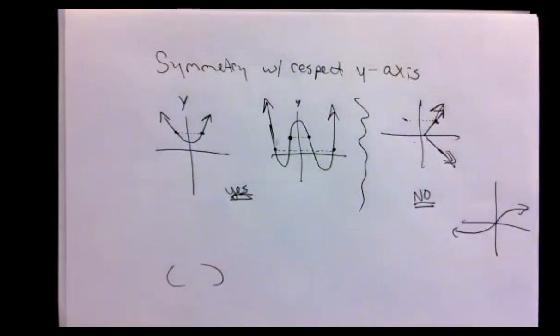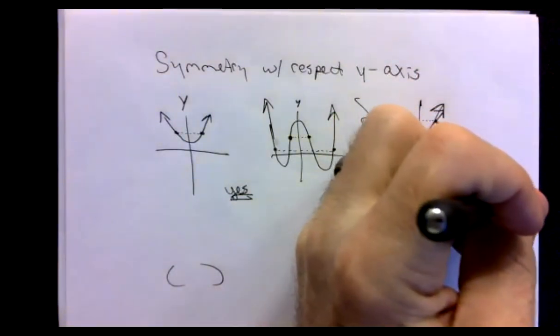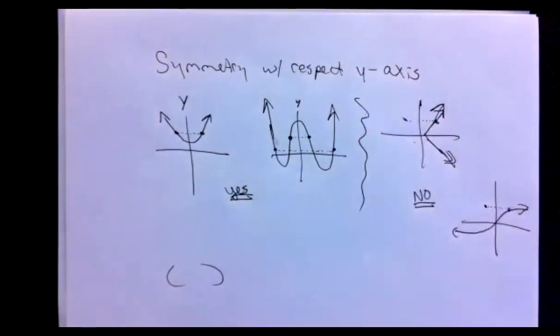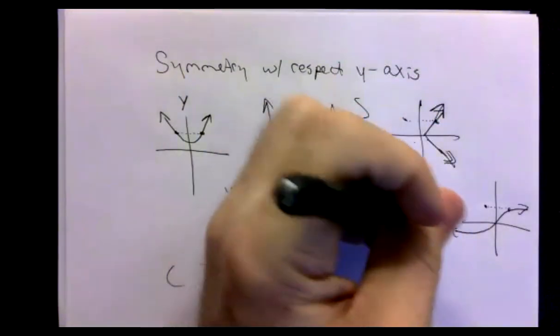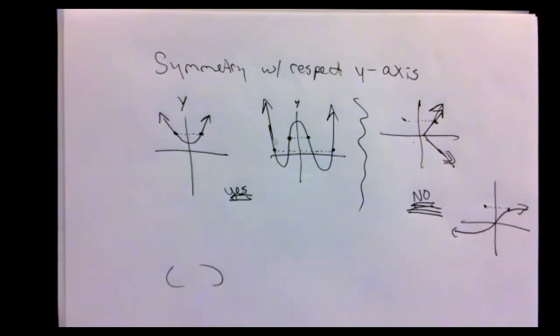Same thing, if we had something that looks like this, each point should reflect over the y-axis. This one clearly does not. So that's an example of one that does not have symmetry with respect to the y-axis.